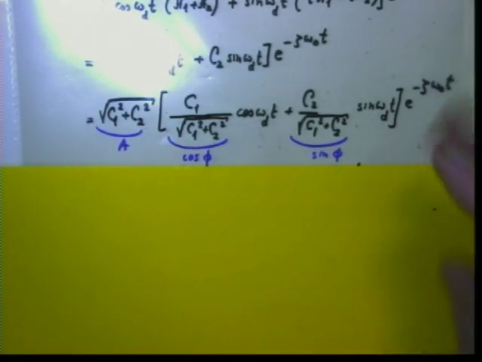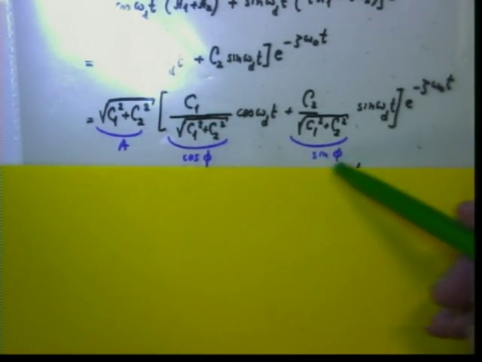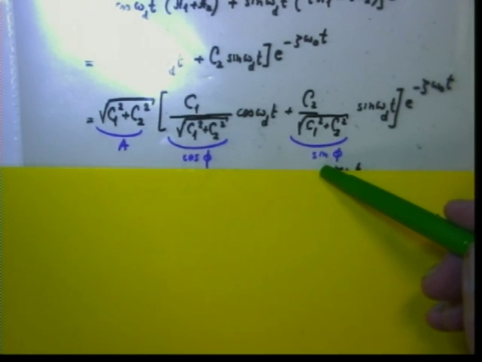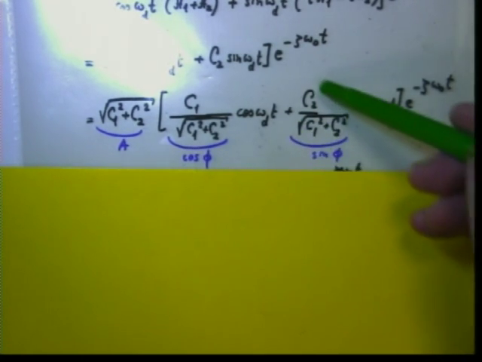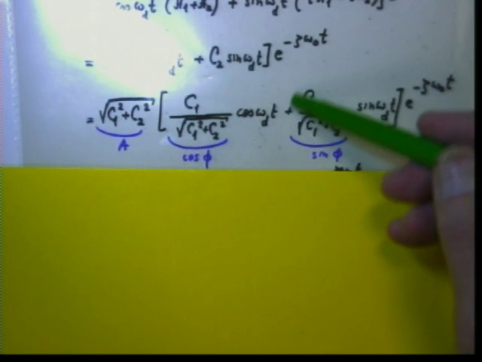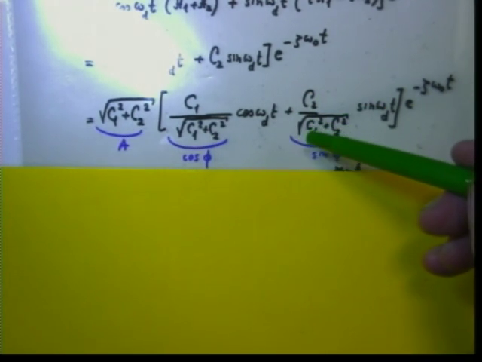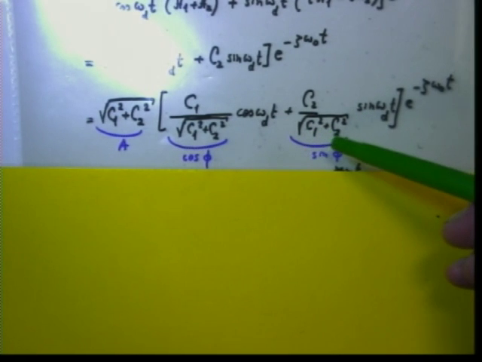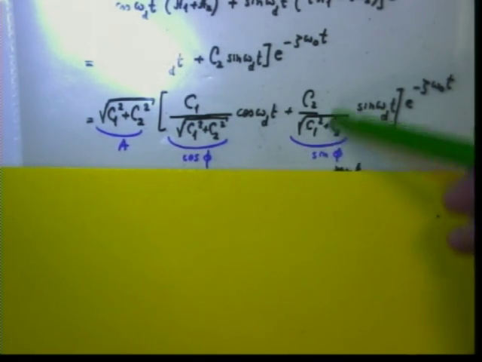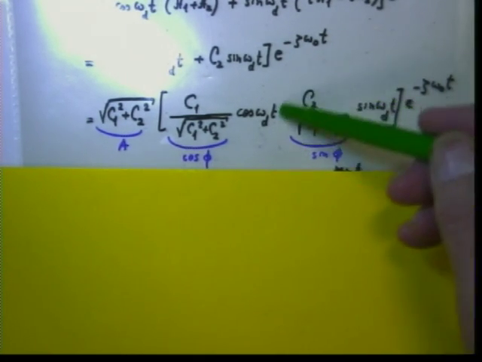Now I can denote this guy, for example, by sine phi. Look, please. This expression is smaller than 1 because C2 is divided by something bigger than itself, square root C1 squared plus C2 squared. So this cannot be bigger than 1. Therefore it makes sense to call it sine of some angle phi. This is very important.